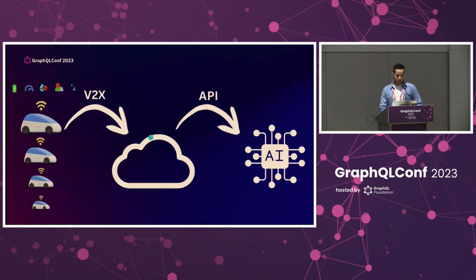Basically, this is an example, as I said. The data is sent from the cars to the cloud service through V2X, which is a vehicle-to-everything protocol. Then we used to use a REST API in order to fetch this data from the cloud and train our model with it.